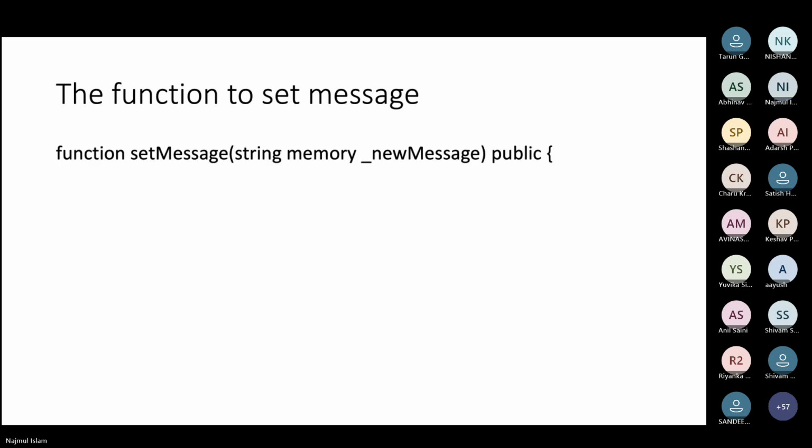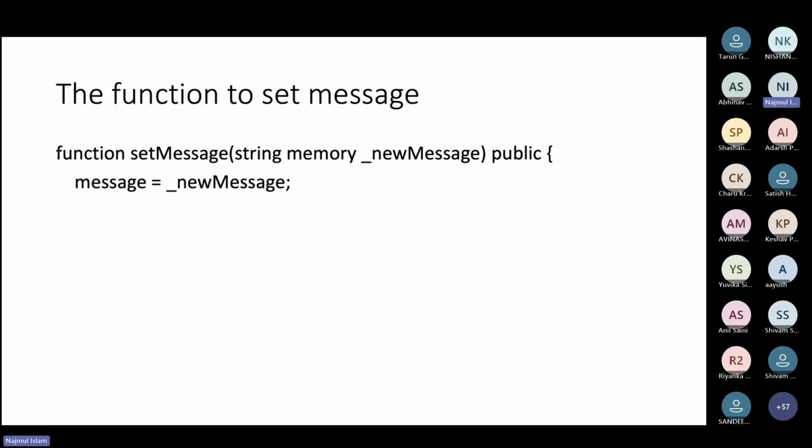And then let's say that you want to set a new message. Instead of hello world, you want to set a new message. So initially it was initialized with hello world, but you want to change it now. So the function to set message: function set message public, and then message equal to this new message.